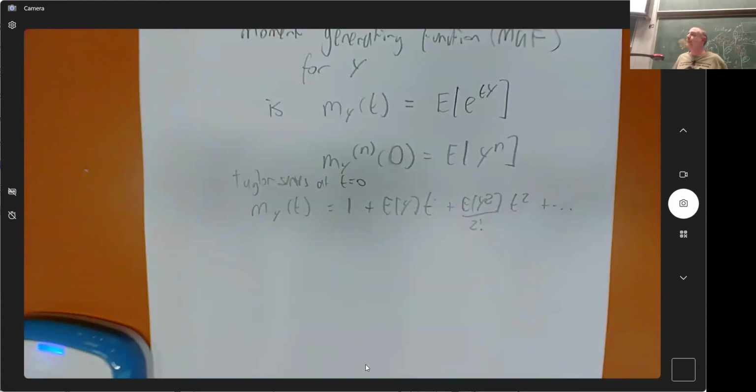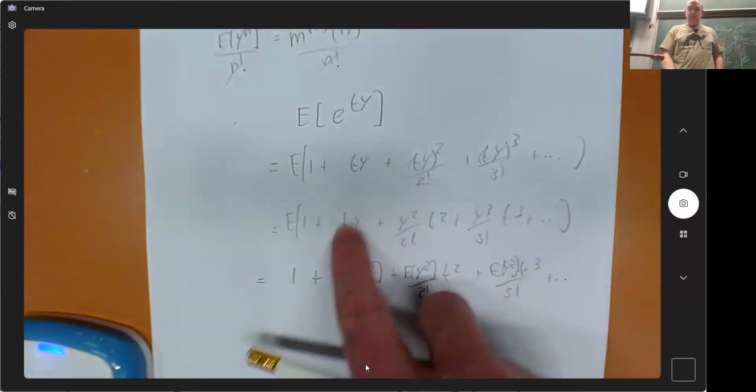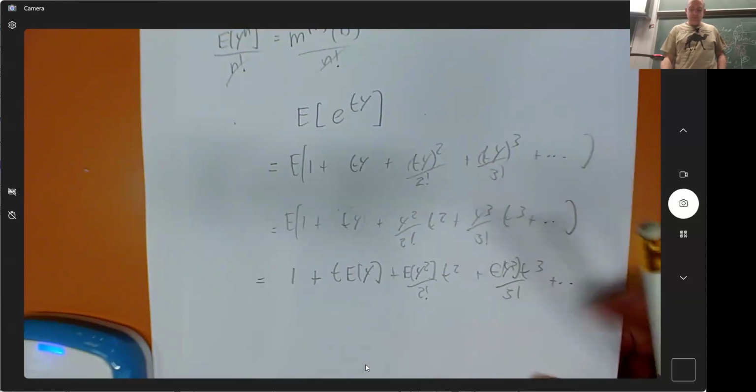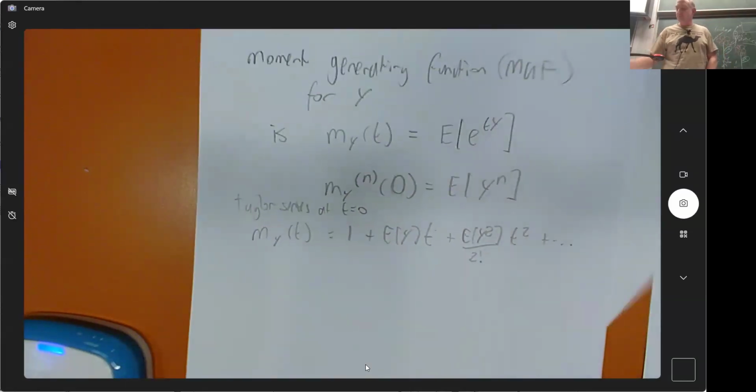Correct. You sub 0 in because that Taylor series that I just wrote there is centered at 0. This one that has like e, 1 plus x squared on 2 factorial plus x cubed on 3 factorial, is centered at 0. It's technically a Maclaurin series. Yeah. But yes, you sub it into 0 because that is the Taylor series you're looking for.